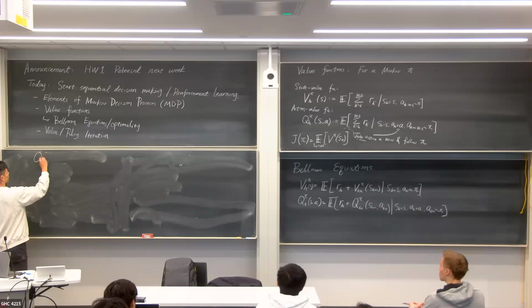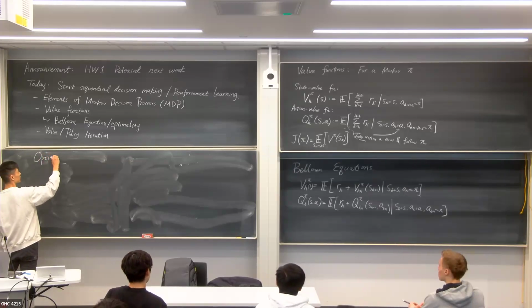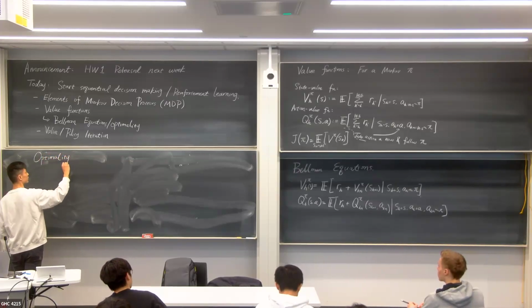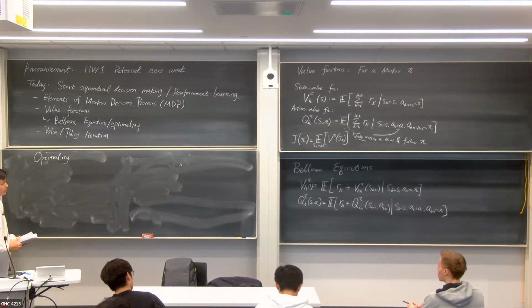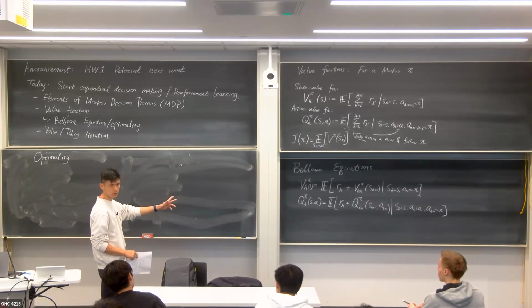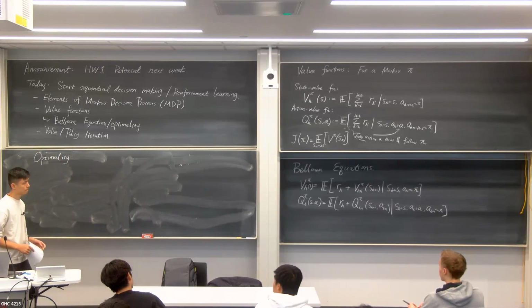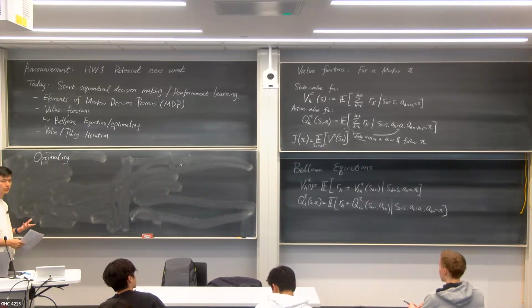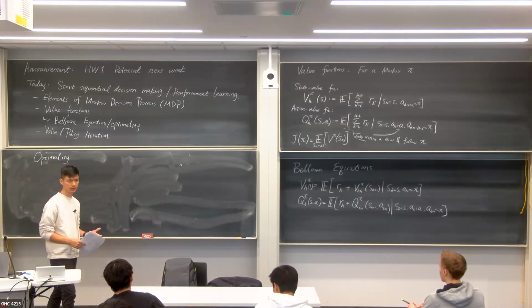Okay, so once you write down this quantity, it's not that hard to derive the optimal policy. So how do we get optimality? I'm going to slightly twist these two equations by introducing some elements of being greedy.